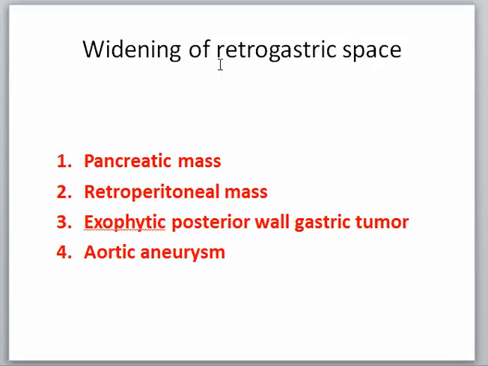So widening of the retrogastric space: gastric comes from the word gastric, so it is a gastric exophytic tumor, and retro is the pancreas and the aorta, and retroperitoneal lymph nodes or masses. So it could be a gastric exophytic mass, or a retrogastric pancreatic mass, aneurysm, or lymph nodes.